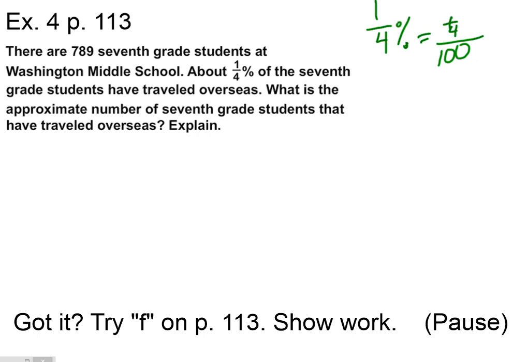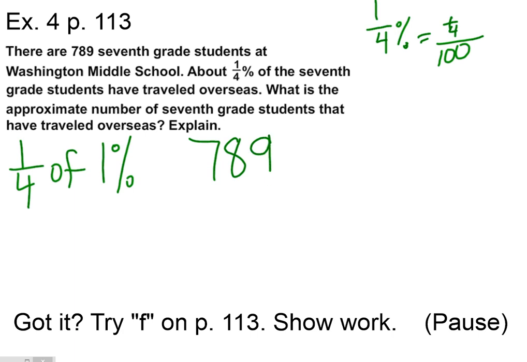So I want you to try to wrap your head around how small this percentage actually is. So 1/4% is really 1/4 of 1%. Think 1/4 of 1%. It's really easy to find 1% of a number. If we change 1% into a decimal, you just move the decimal 2 places over to the left.